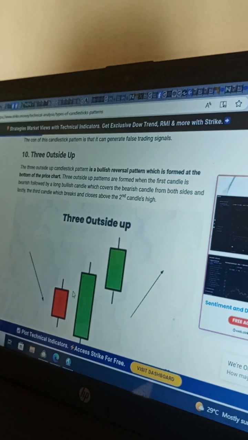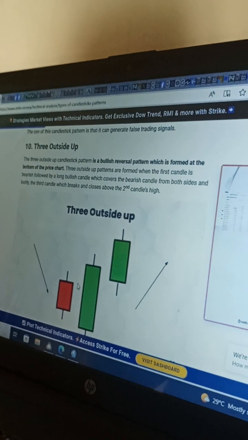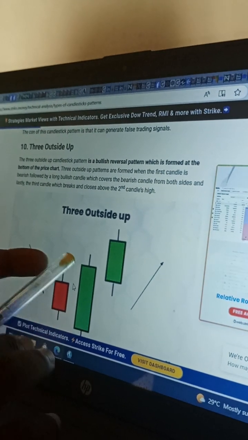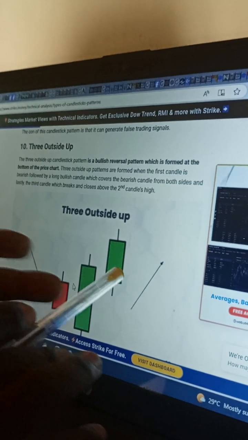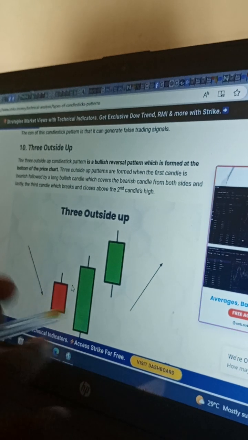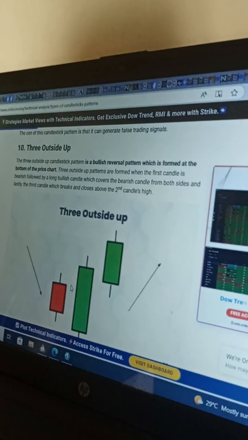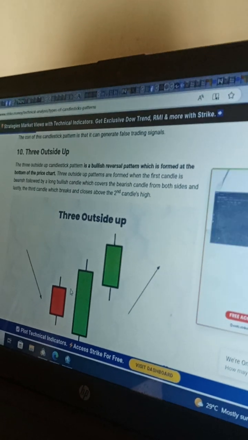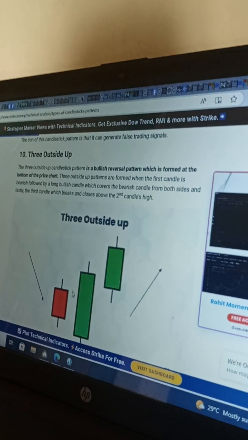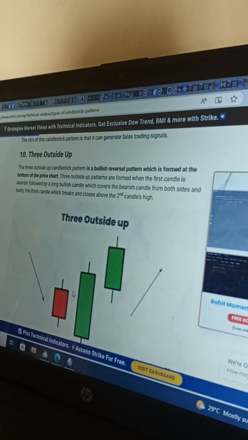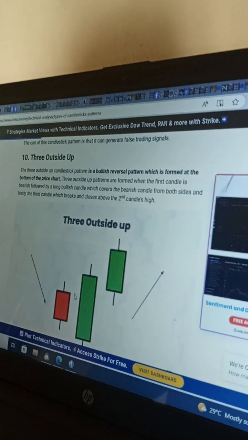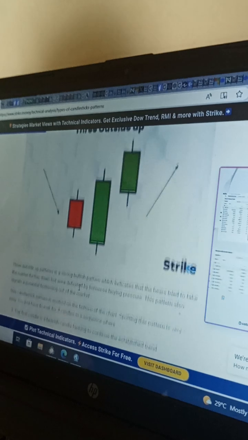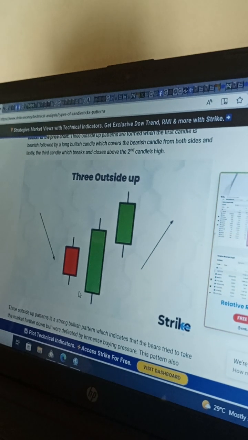So when you see a downtrend and at the bottom of the trend you see a bearish candle, then you see a large bullish candlestick, and then another one that closes up, you know that we are dealing with the 3 outside up, and that indicates we have entered a trend reversal phase, which means if you are in a downtrend you need to leave. If you want to enter the uptrend, it's time for you to enter. Okay, can this appear when the market is going up?